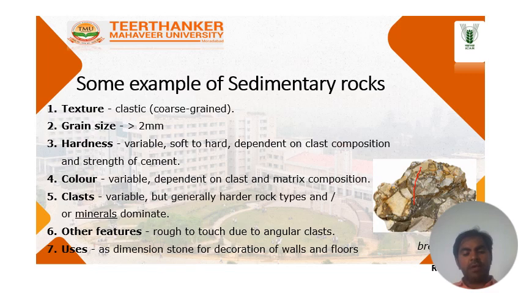The texture of this rock is clastic, with porous grain, size 2 millimeter, hardness variable, color variable, class variable. It is also used for decoration of walls and floors. Such types of sedimentary rocks you can use. So this is some example of sedimentary rocks.